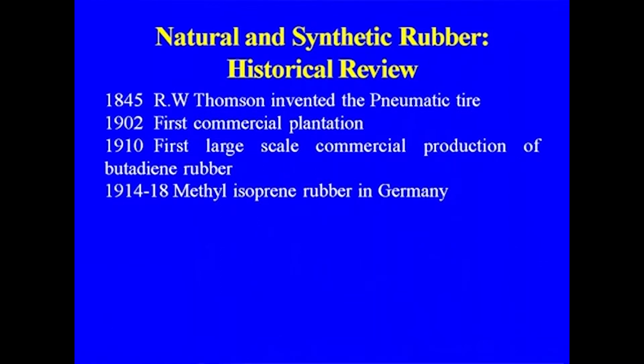The first commercial plantation was in 1903. The first large scale commercial production of butadiene rubber was in 1910. In 1914 methyl isoprene rubber was made in Germany.